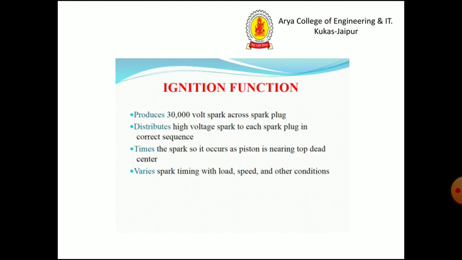It should produce a 30,000 volt spark across the spark plugs, distribute the high voltage spark to each spark plug in the correct sequence, time the spark so it occurs as the piston is nearing TDC, and vary spark timing with load, speed and other conditions.